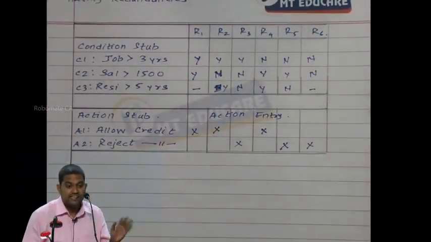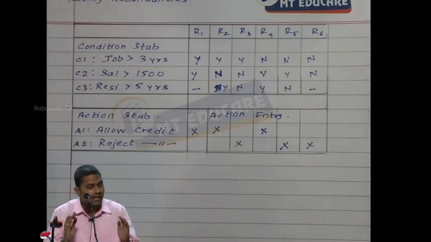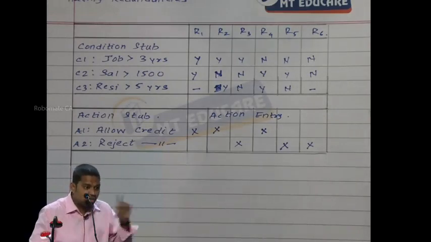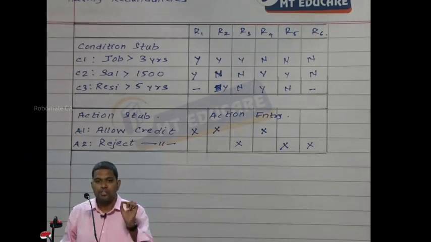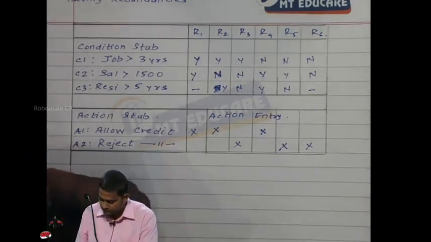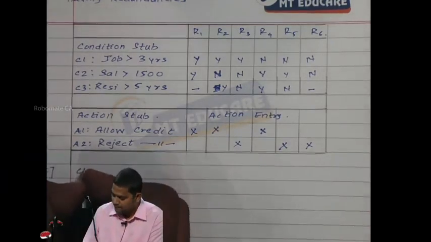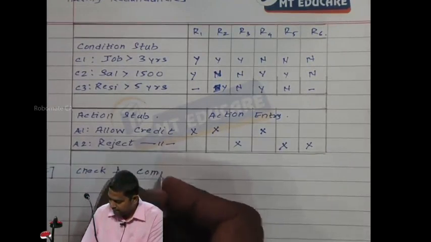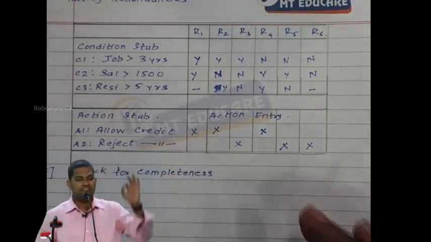Now we have to check for its completeness. Because we are reducing the table, it does not mean that some conditions are skipped. So we are supposed to cross check it whether all the conditions are satisfied. For that, we have to use a formula. Fifth part says check for completeness.